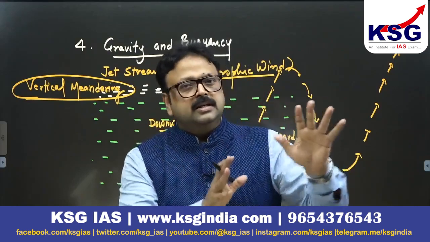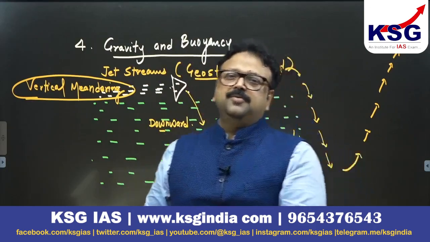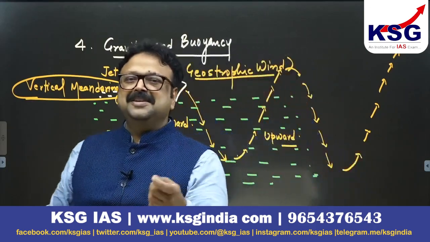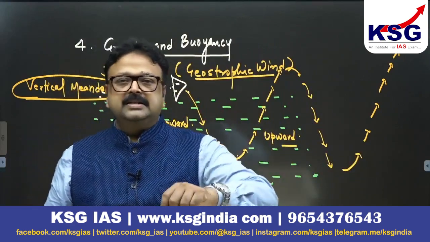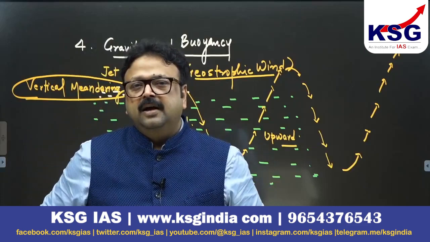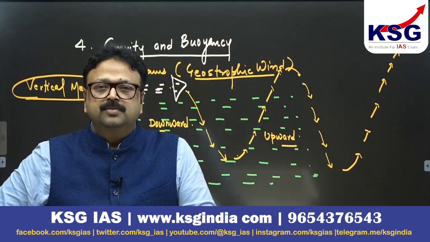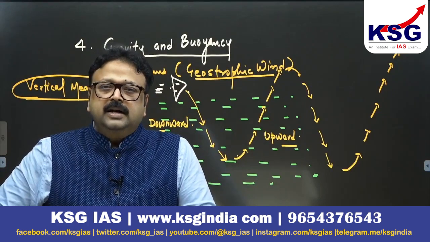It is already discussed in the book, but deciphering it is a little bit difficult. So I will discuss it in a way that you can understand better. So these are the four forces responsible for movement of the air, that is, wind movement.